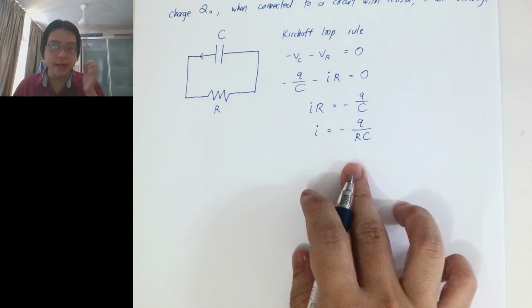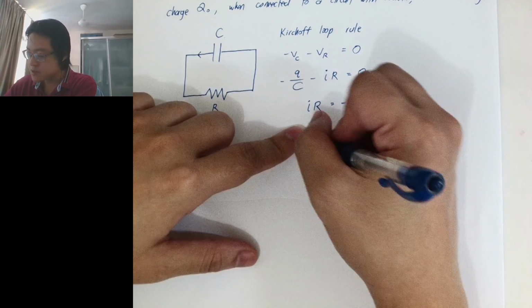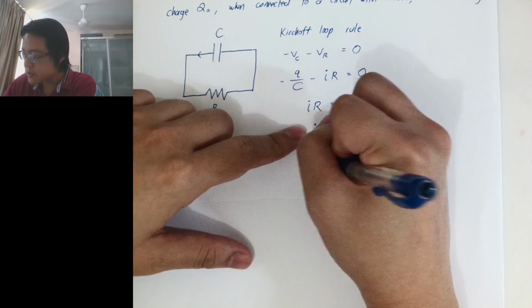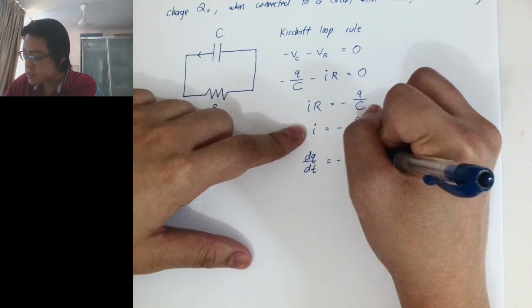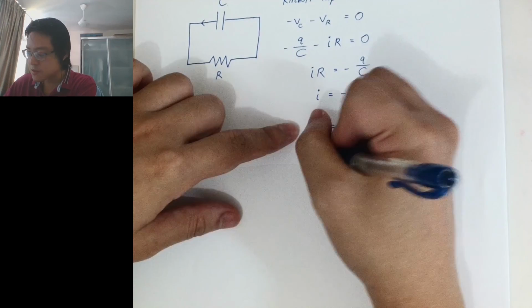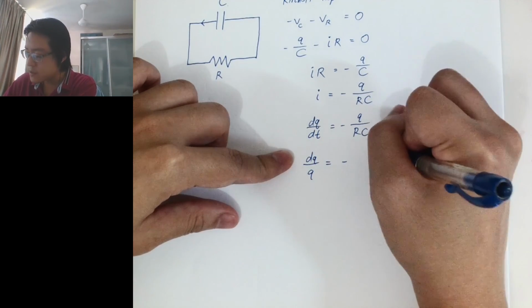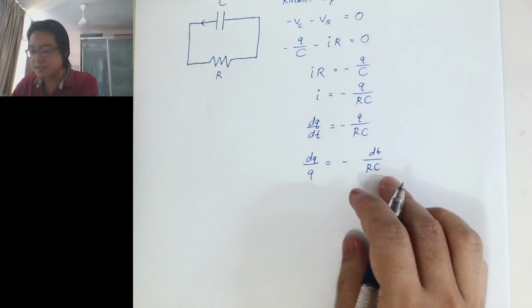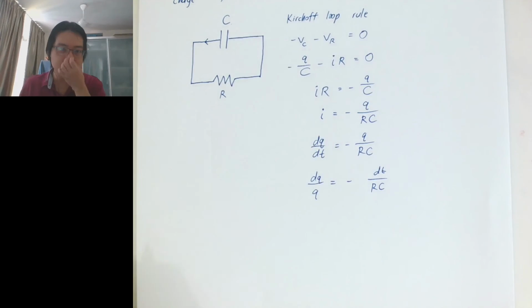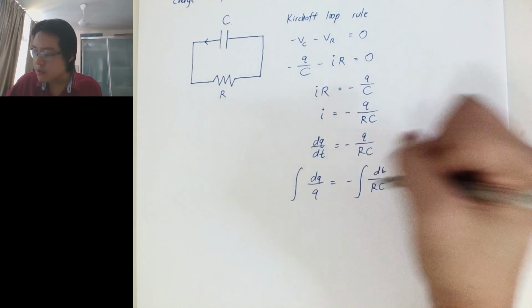And we remember that the current is the rate of change of charge flow, so I is equal to dq/dt. So dq/dt is minus Q over RC, right? And then I bring this down. So dq over Q is equal to minus dt over RC. RC is a constant because they are just the same components throughout the entire time. And we can now integrate both sides of the equation.